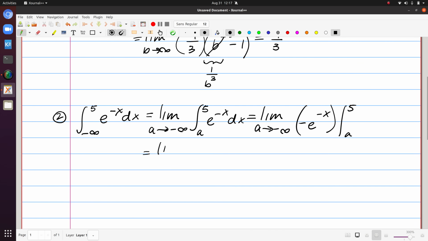So we need to find the limit as a approaches minus infinity of e to the minus 5 minus e to the minus a. And notice here that we have the minus a, and our a values are also negative. So those negatives will cancel, and this is going to essentially look like e to an exponent that's approaching infinity.